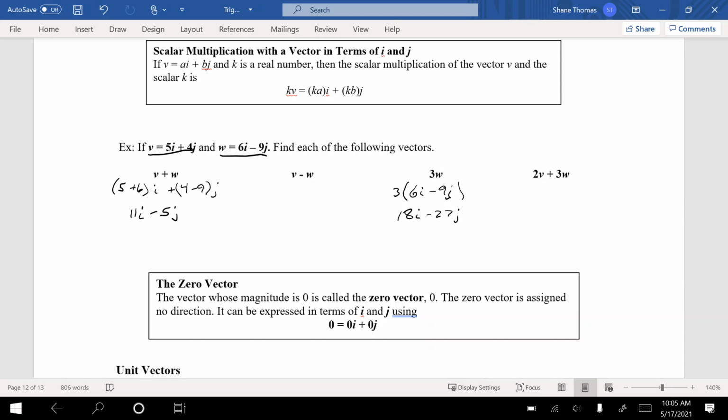Almost make each one in W a negative first. Last one, make sure you do your multiplication before you do your addition.